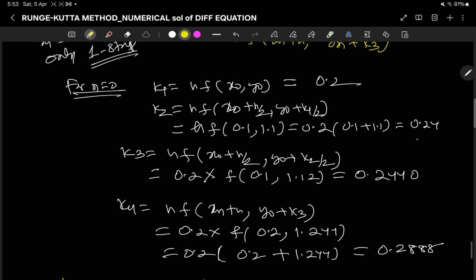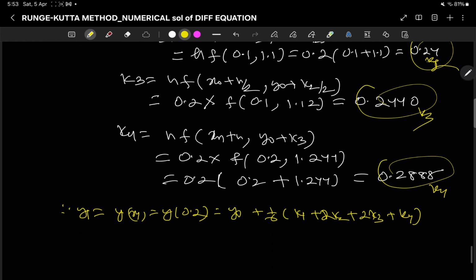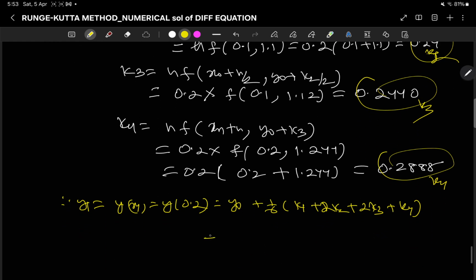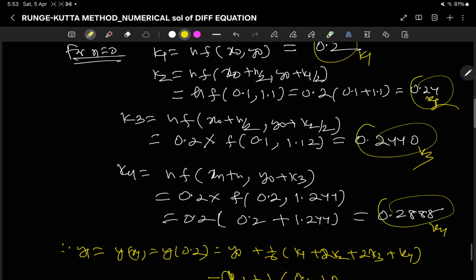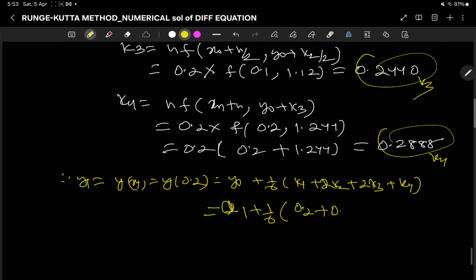Okay. So this is my k1, this is my k2, this is my k3, this is my k4. I substitute all these things. So if I calculate it, I will be getting 1 plus 1 by 6 (0.2 plus 0.2 into 0.24, means 0.48, plus 0.448 plus 0.2888).